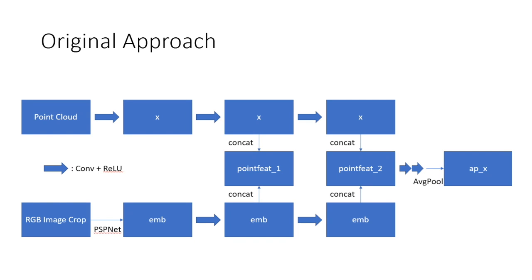PointFeat 2 is generated on top of the pixel level information, so it encodes the pixel-to-pixel relationship. APX is generated on top of PointFeat 2, so it encodes the global information of the image. The three sets of fused features are then concatenated together and passed into the pose estimation network.